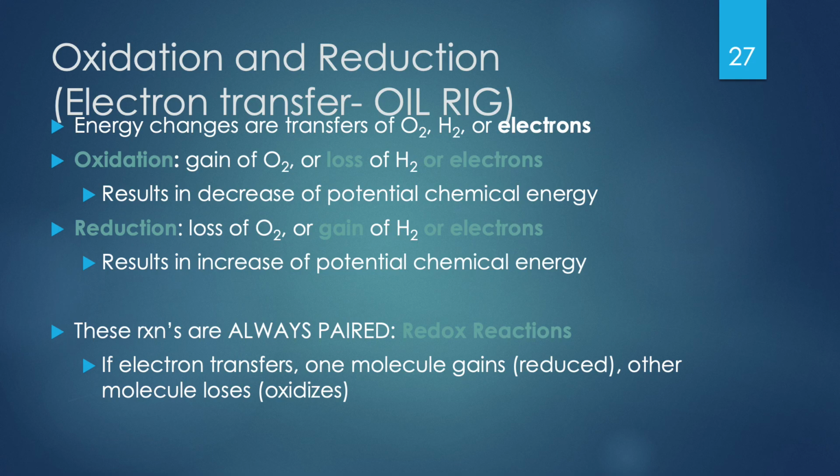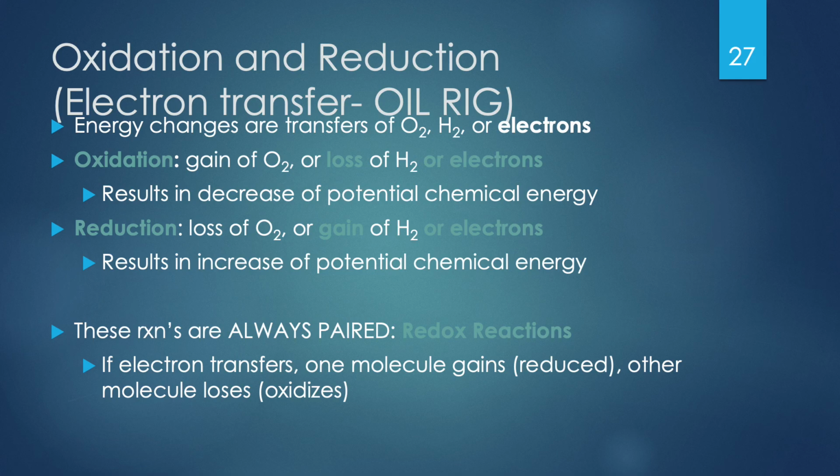If you'll recall, back in Chapter 2, we talked about covalent bonds and ionic bonds. You'll remember covalent bonds were sharing electrons, whereas the ionic bonds were the giving or receiving of very specific electrons. Well, that's exactly what's happening here. If we have two molecules having an interaction and they're going to either bond or break up, somebody is going to gain an electron and somebody is going to lose one. That's it.